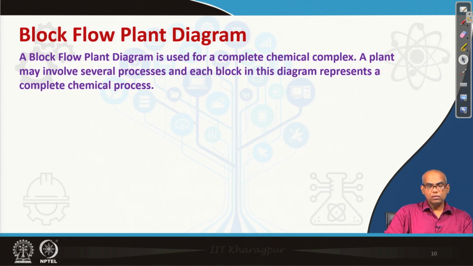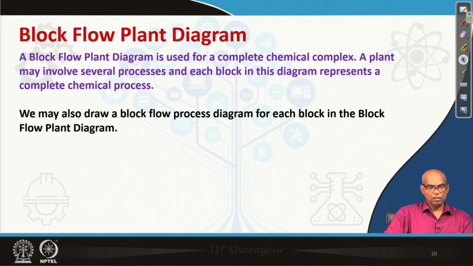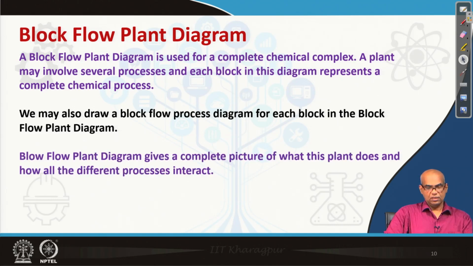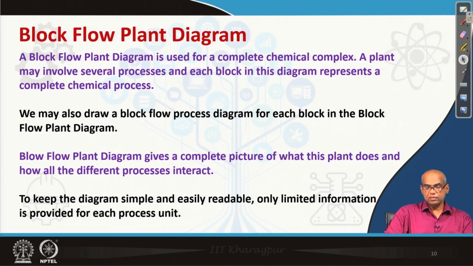A plant may involve several processes, and each block in this diagram represents a complete chemical process. We may also draw a block flow process diagram for each block in the block flow plant diagram. Block flow plant diagram gives a complete picture of what this plant does and how all the different processes interact. To keep the diagram simple and easily readable, only limited information is provided for each process unit.